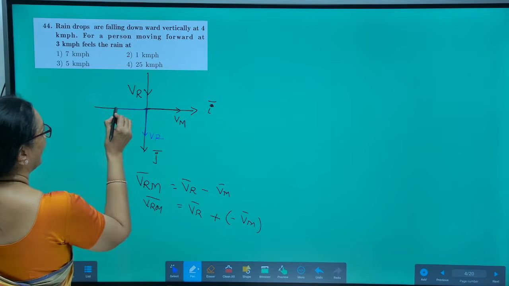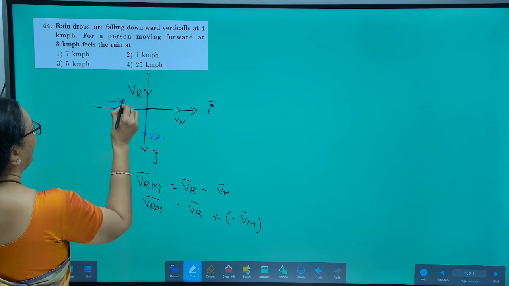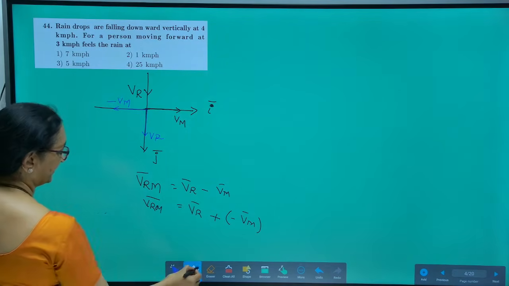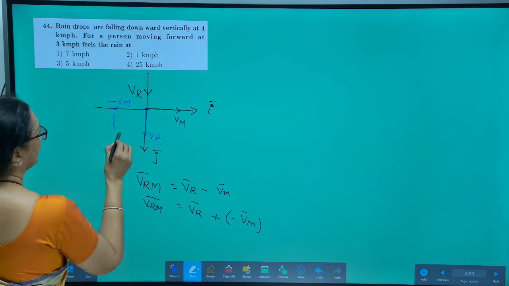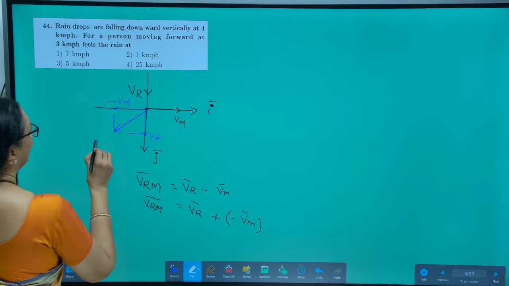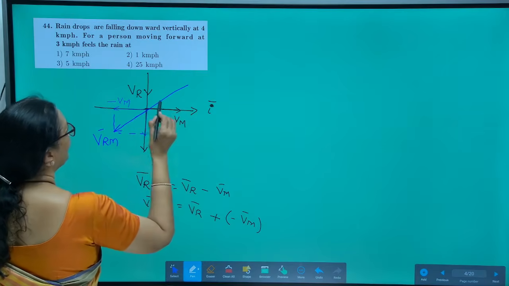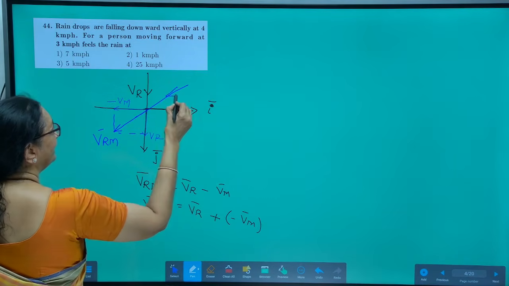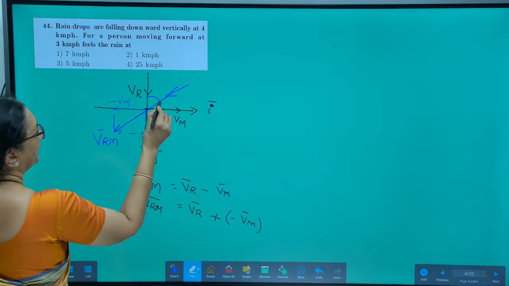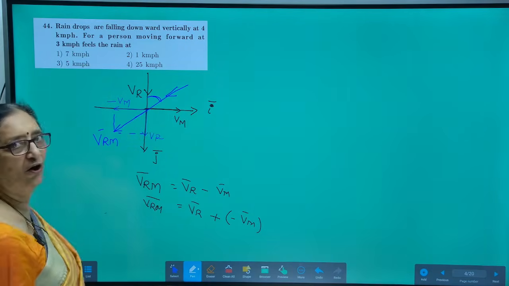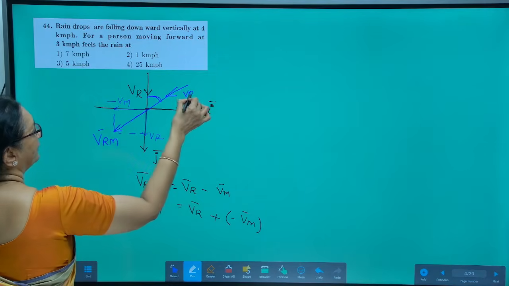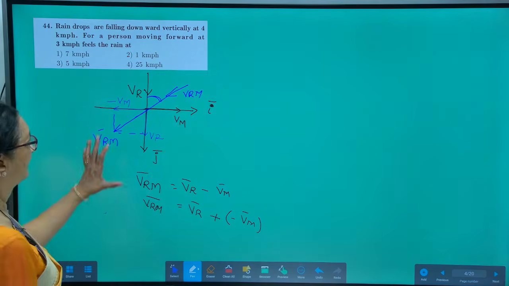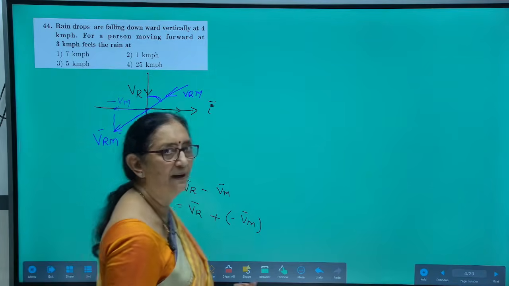If this is VM, its negative vector minus VM will be in this direction. So, the resultant of these two from the parallelogram law becomes VRM. So, for this man, rain appears to fall in this direction, and he should hold the umbrella at this angle in order to protect himself from rain. So, actually for the man, rain appears to fall along this direction. That is just the rain umbrella problem.